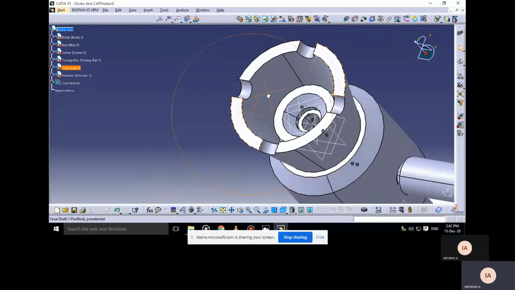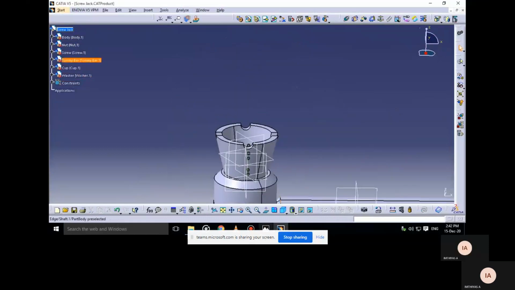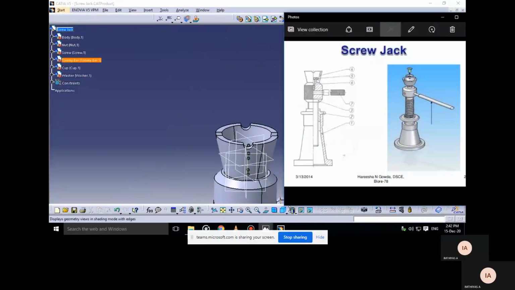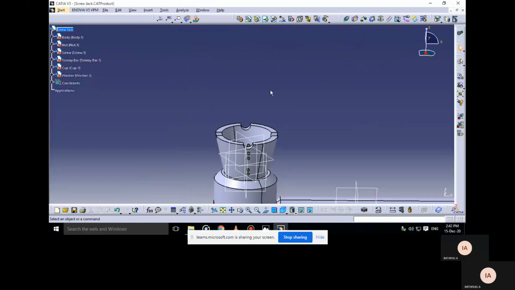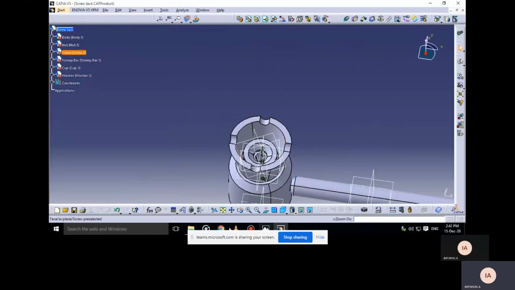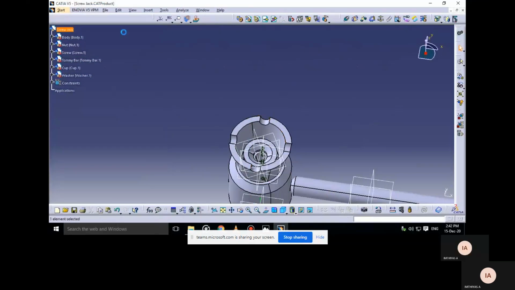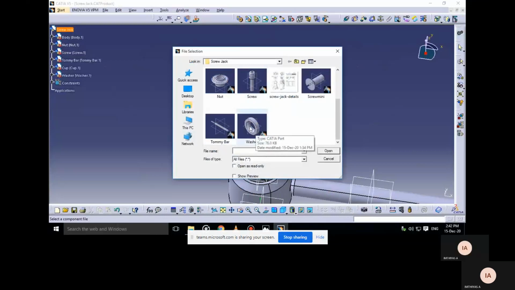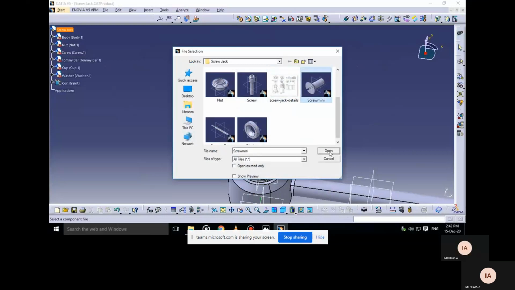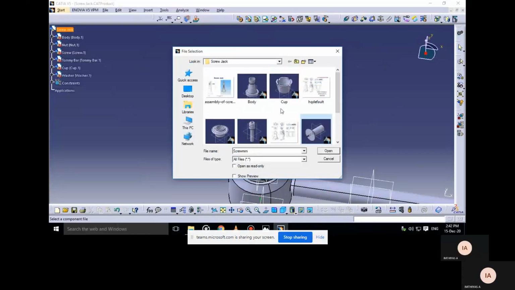Now we have to fit the screw. The screw is being imported now.